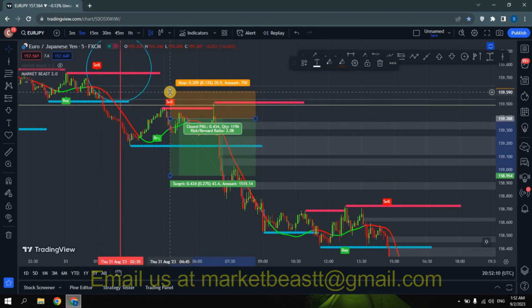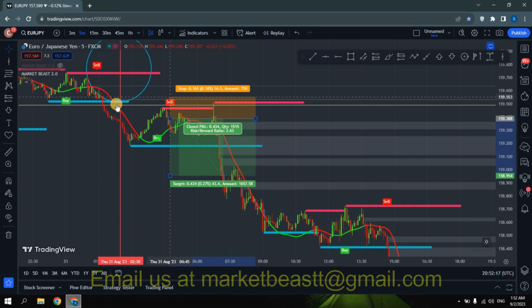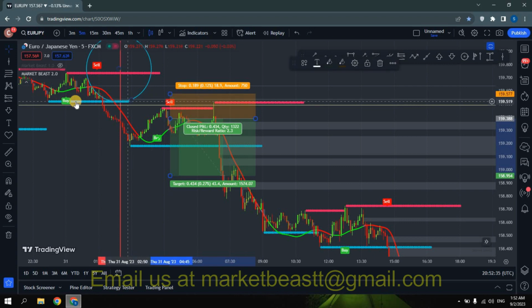I'm going to set the stop loss around here, just above the last blue line. This blue line was our last support, so price can test this blue line and then we can go down. So I'm going to set the stop loss just before this blue line.